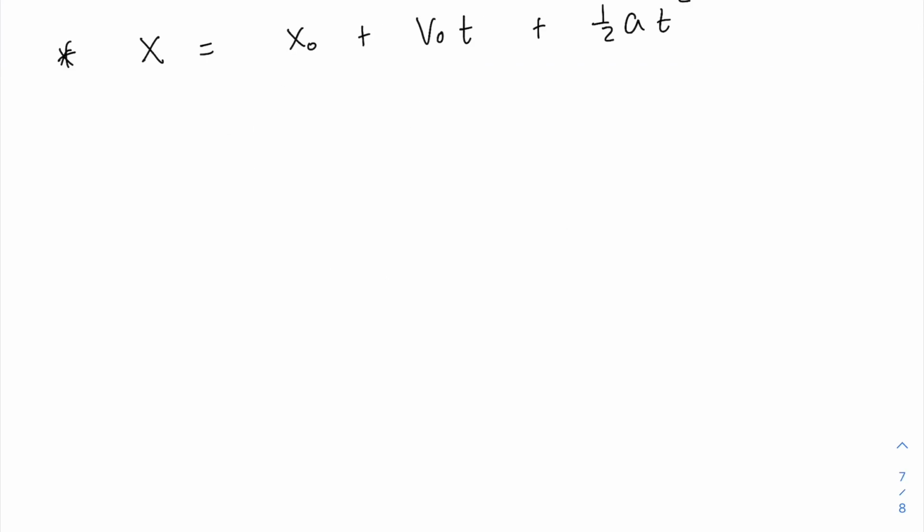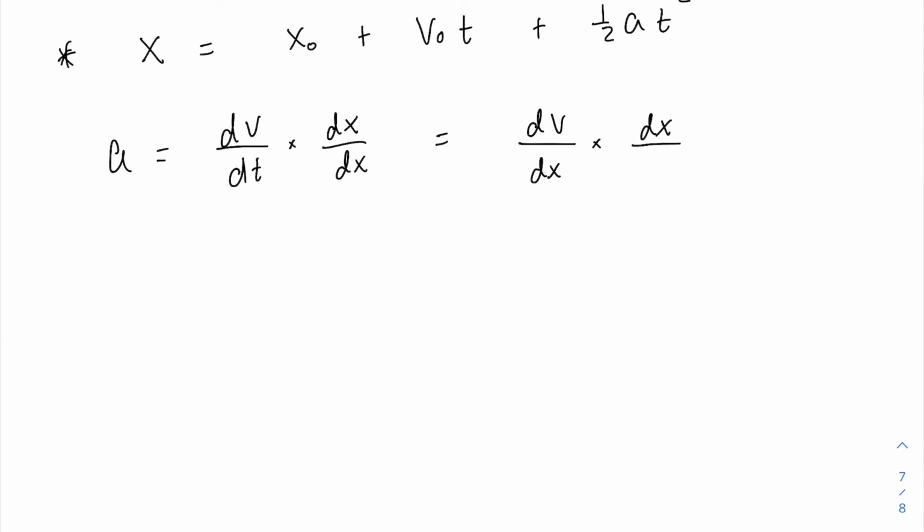The last kinematic equation is tricky to get. So acceleration, let's start here. Acceleration equals derivative of velocity with respect to time. To get the last kinematic equation, the trick is to multiply this side by dx over dx. Then we can rearrange it as dv over dx times dx over dt.